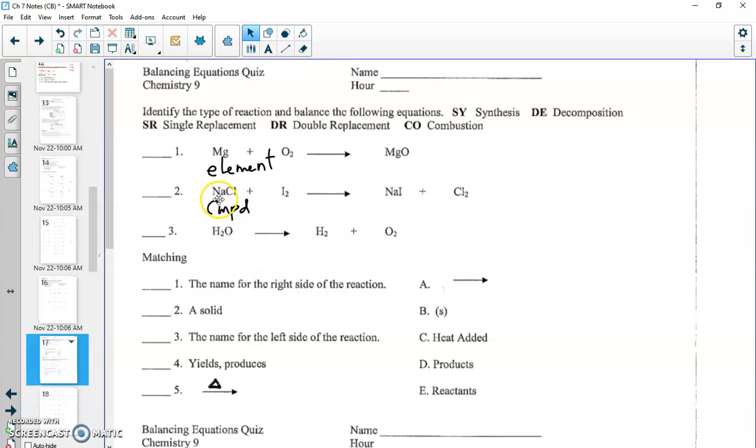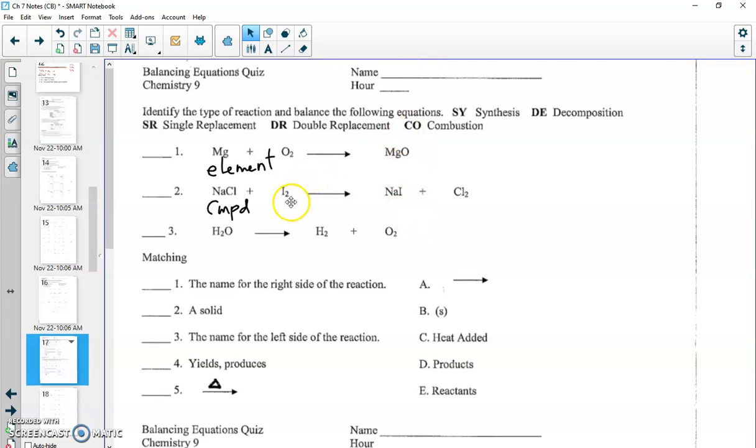So NaCl, you have sodium, which is being ionically bonded to chlorine. We call that a compound. Mg by itself is an element, right? You can guess what H2O is.